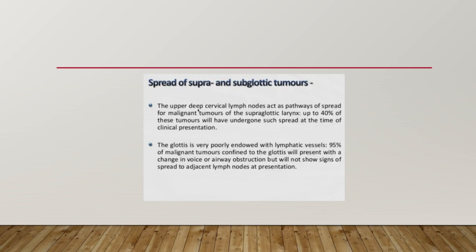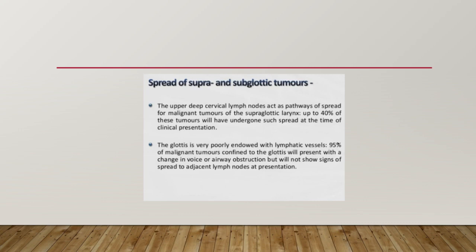So, the upper deep cervical lymph nodes drain the supraglottic larynx. So, in 40% of supraglottic carcinoma cases, there will already be an upper deep cervical lymph node metastasis. Whereas the glottic region is very poor in lymphatic vessels.